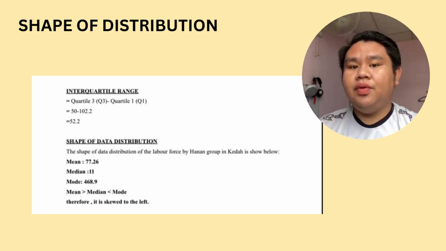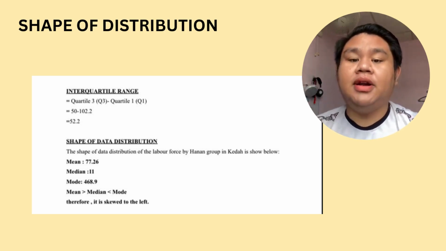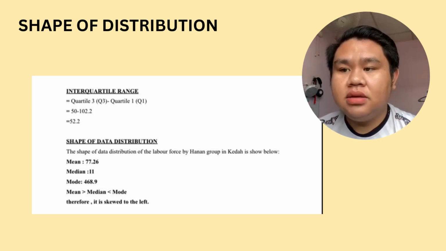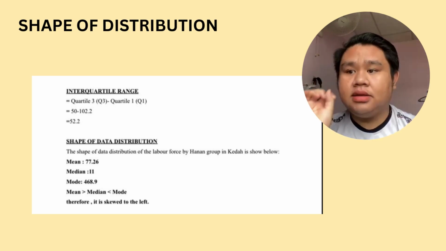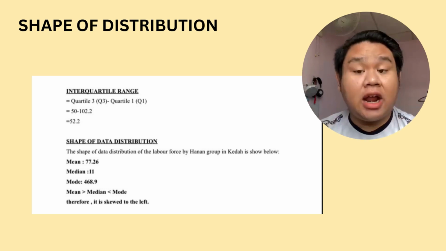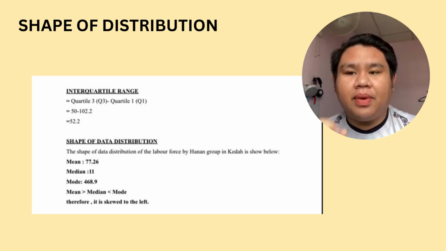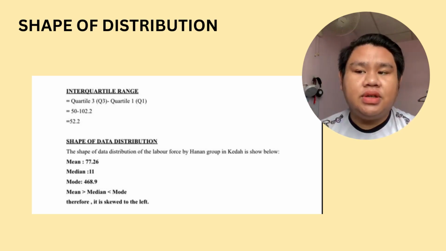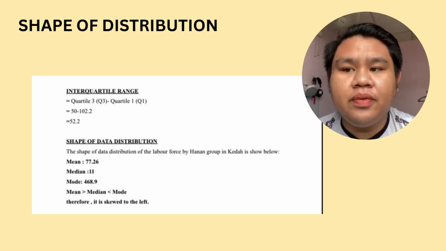Now we are on the last part of my section, which is the shape of distributions. The shape of a distribution is described by its number of peaks, its symmetry, its tendency to skew, or its uniformity.